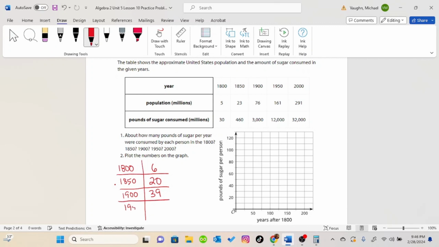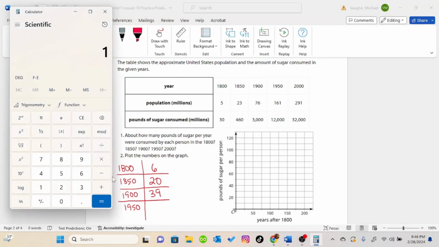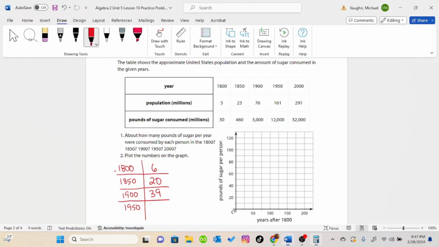In 1950, we have 12,000 divided by 161, which is approximately 75.